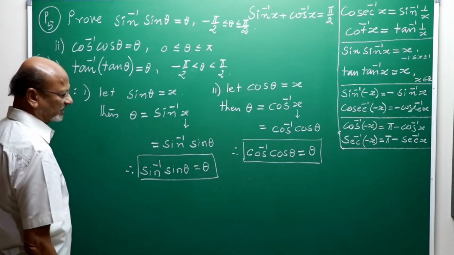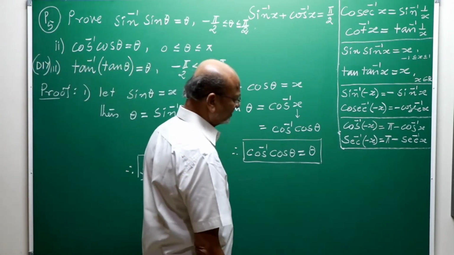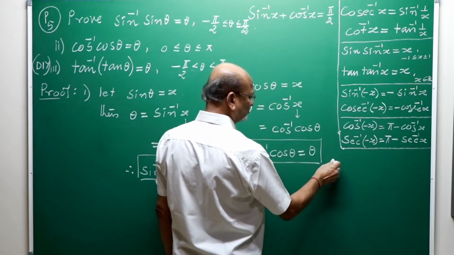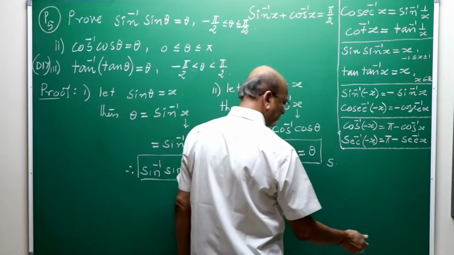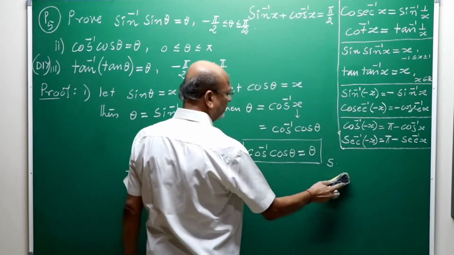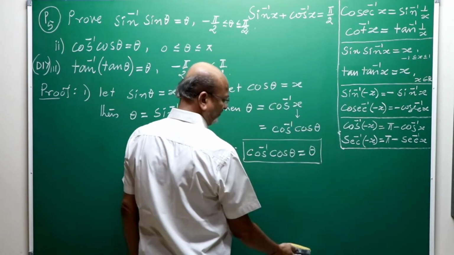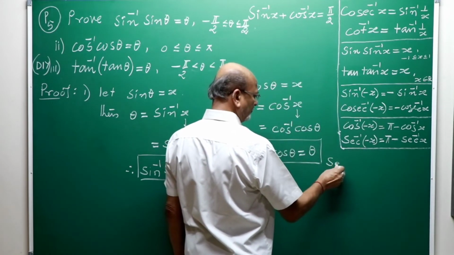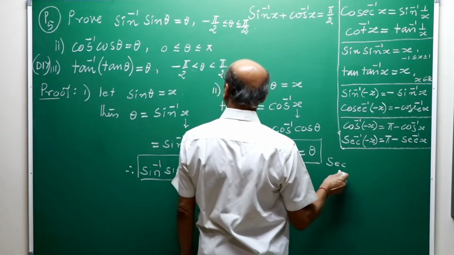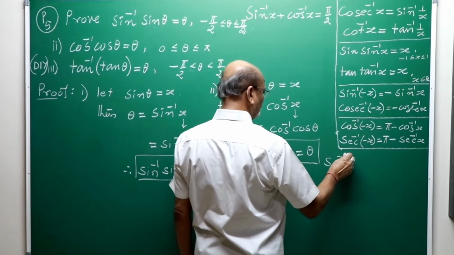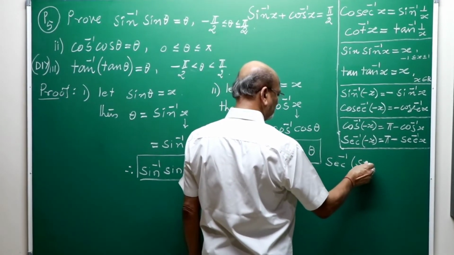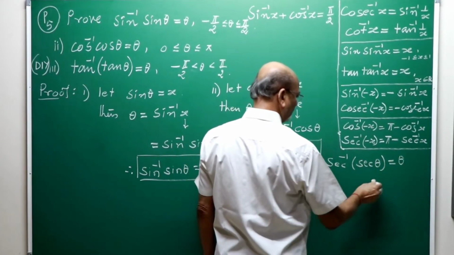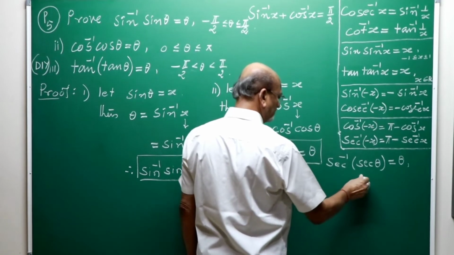On the same lines, what is the fourth one? It is sec inverse of sec theta equal to theta. Tell me, my friends, what is the range of theta here?